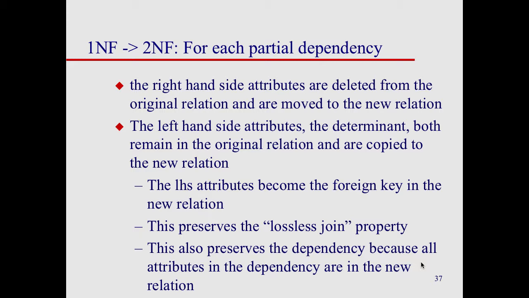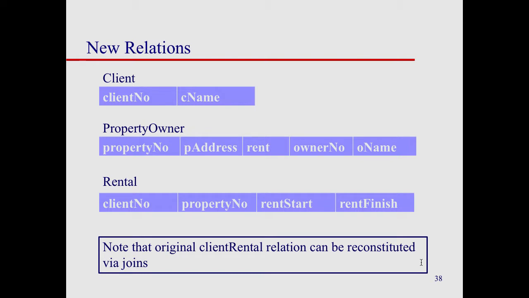Questions about that? Okay, so basically when we're done transforming that original lease into second normal form, we're going to end up with 3 new relations. So the dependency with the property number moves into 1 new relation. The dependency involving the client number creates a second new relation.